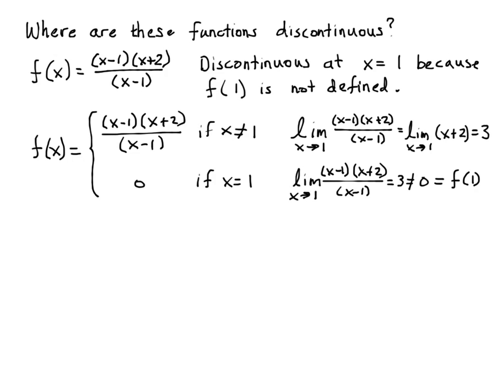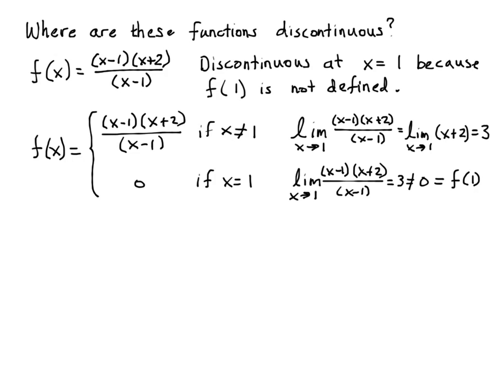Okay, so if I were to draw a picture of this, my function would look like this, right? It would be a line with slope of 1, but at x equals 1, there's a discontinuity. So this is that function, the first f of x.